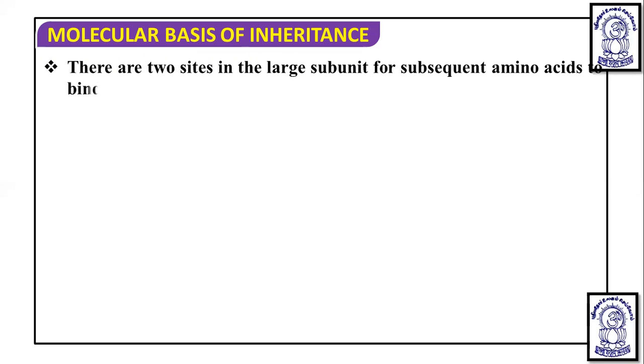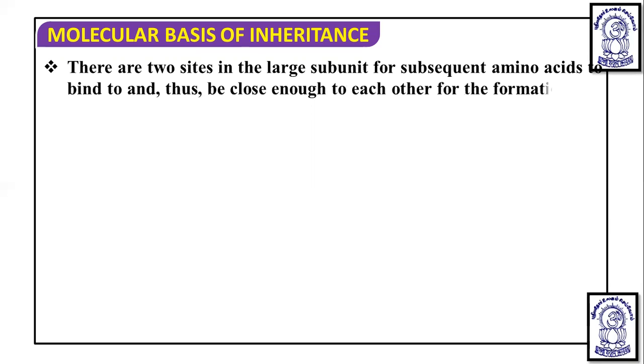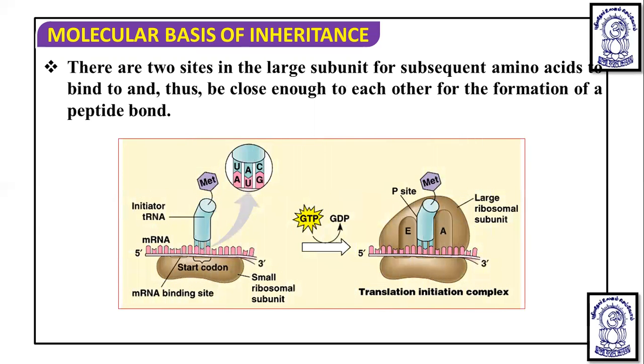There are two sites in the large subunit for the subsequent amino acids to bind, and thus be close enough to each other for the formation of a peptide bond. Now this is the start codon, this is the mRNA, and the small subunit mRNA complex will form.